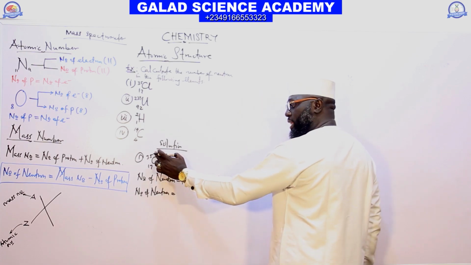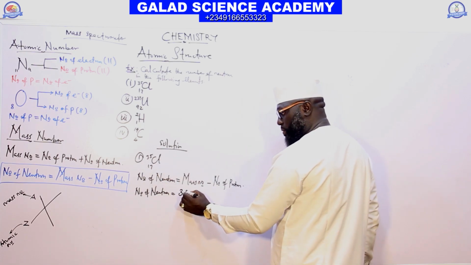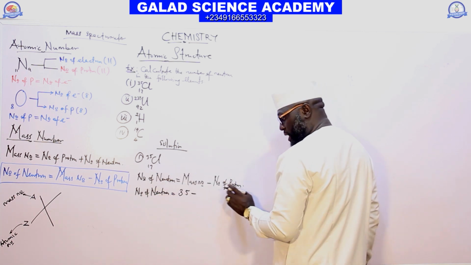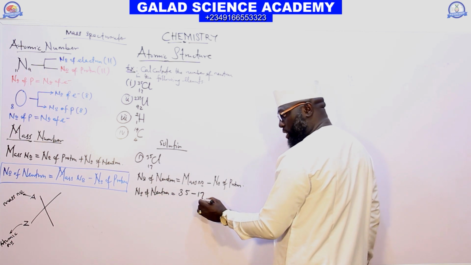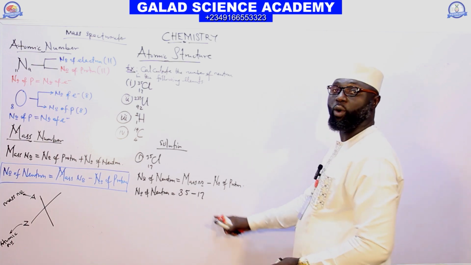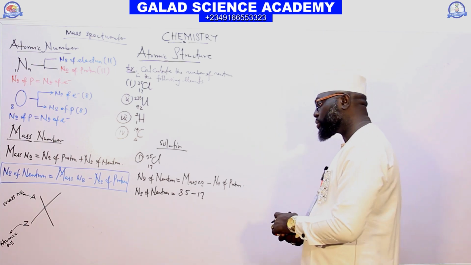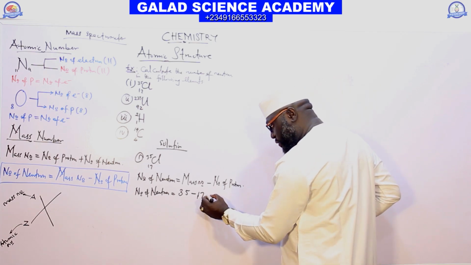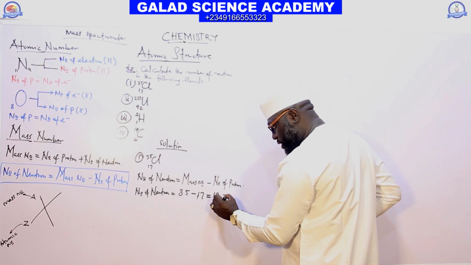The mass number here is 35, the number of protons is the atomic number, which is 17. Subtract 17 from 35 and we are left with 18. So the number of neutrons will be 18.